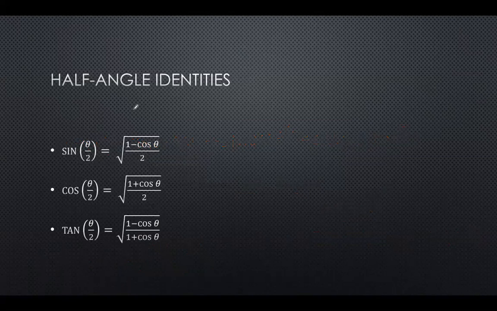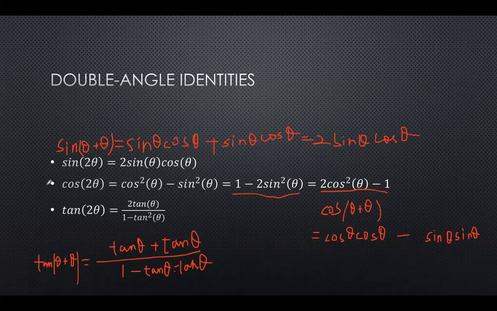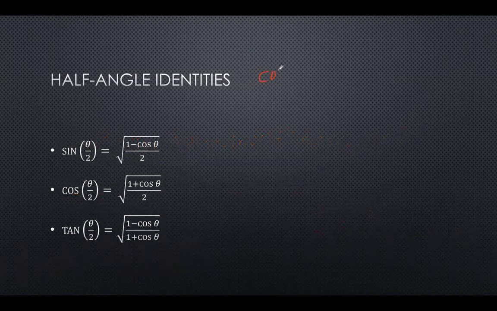For half angle identities, what we will be using are the double angle identities for cosine. Let me write it down.